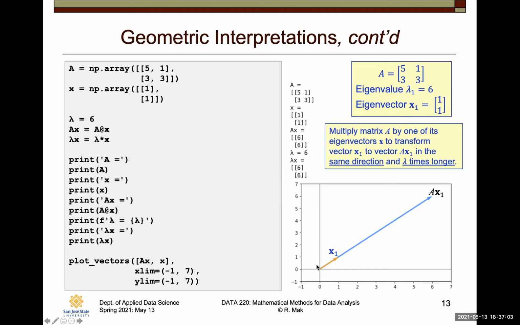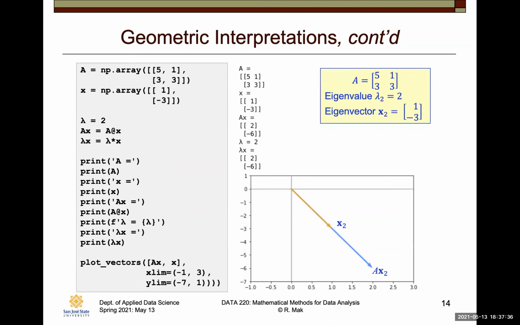So this entire vector here is in the same direction as the original vector, but is 6 times longer, because 6 was the eigenvalue. Remember that A times x is equal to lambda times x, and that's why we have this picture. So that is the geometric interpretation.